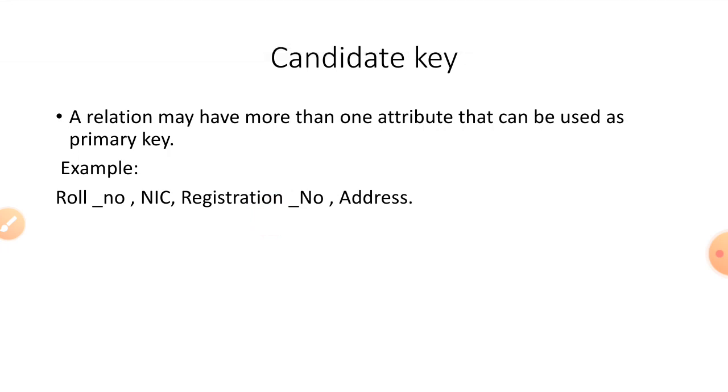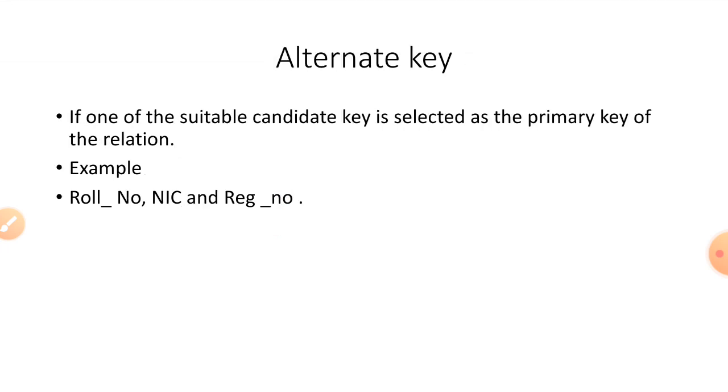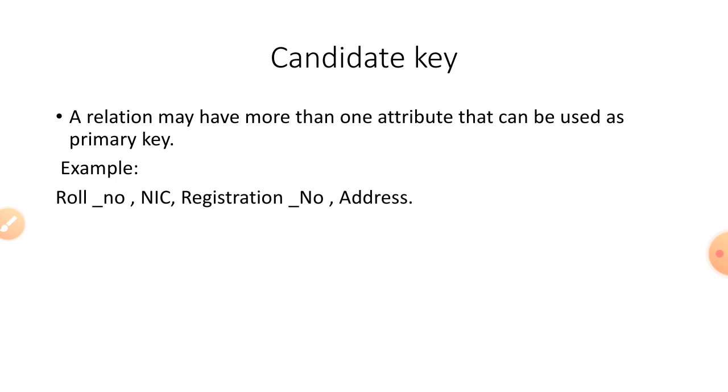Next one is basically about the alternate key. If one of the suitable candidate keys is selected as the primary key, then the other keys are known as alternate keys. Let's assume that NIC is the primary key, but we can also apply a primary key on roll number, or on registration number.